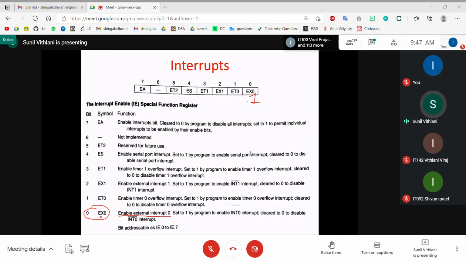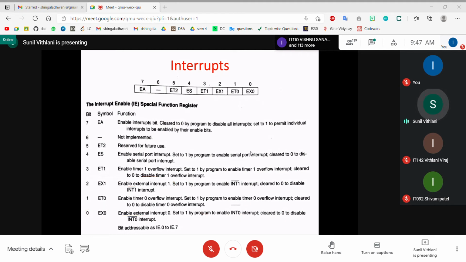If this is 0, then we are not allowing this. So external interrupt bit: set to 1 to enable this and clear to disable this. In the same way, bit number 2 is for external interrupt 1.